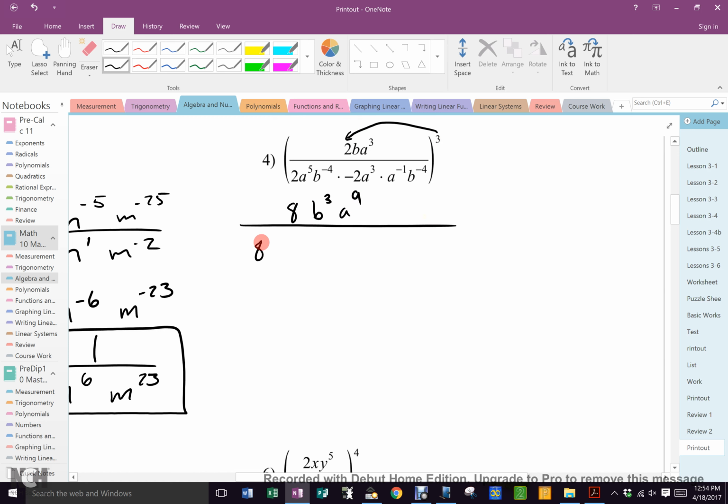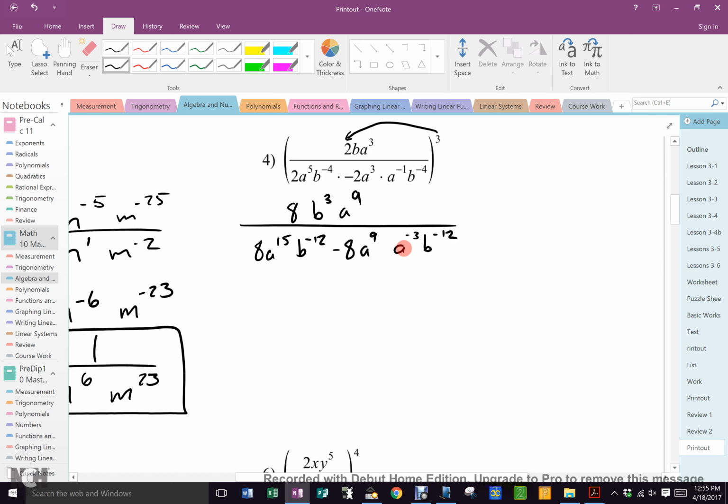Over 8 A to the 15 B to the negative 12, minus 8 A to the 9th and A to the negative 3 and B to the negative 12. Yeah?